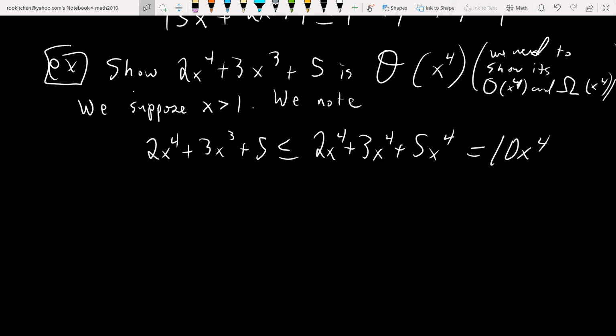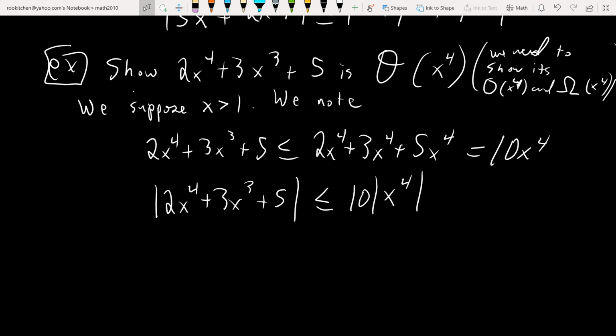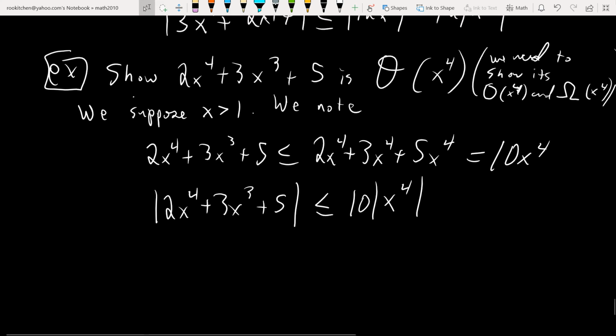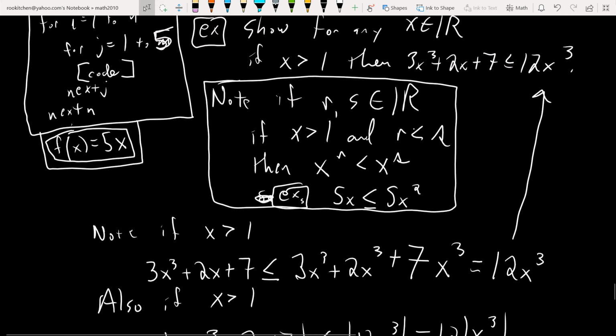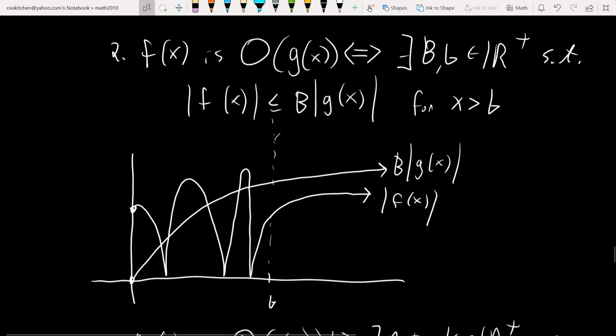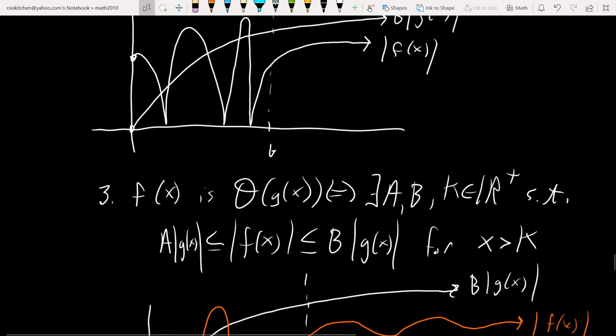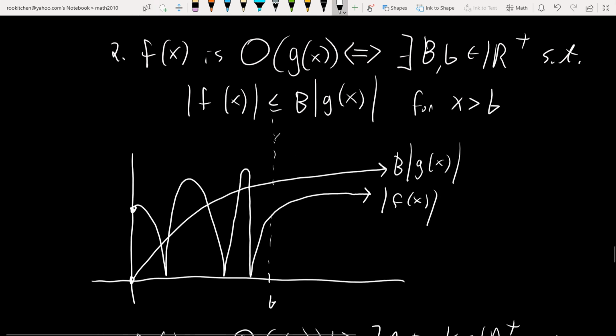And then I could apply absolute values on both sides and say 2x to the fourth plus 3x cubed plus 5 is less than or equal to 10 times the absolute value of x to the fourth. Okay, so well, now we're sort of fitting it into the definition for being bounded above, right? And then that's big O, right? So that number 10 is the big B, and the x greater than 1, the 1 is the little b.